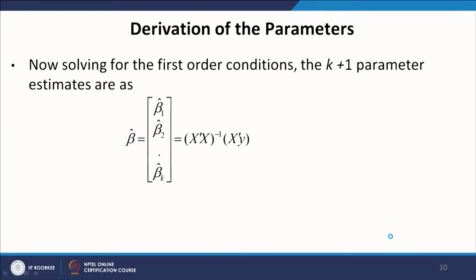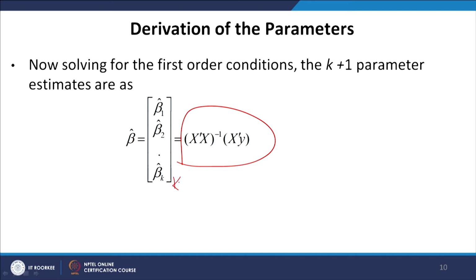Now, solving the first order conditions, the k plus 1 parameter estimates are beta hat equals x prime x inverse x prime y. This is a very crucial derivation, where we say that beta hat is x prime x inverse x prime y.